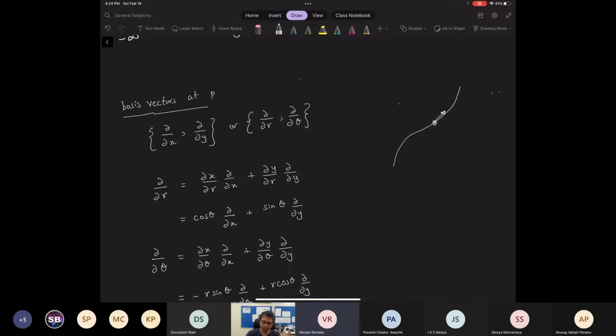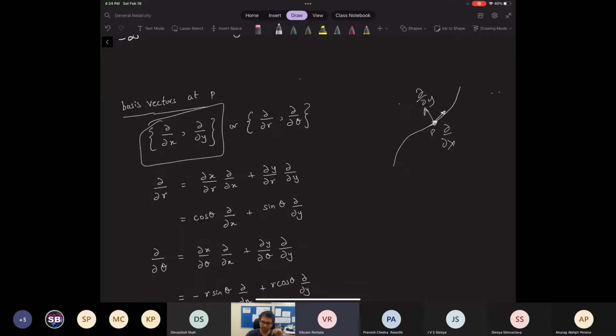In fact, we use directional derivatives along the coordinate directions as a set of basis vectors for describing a vector space at the point P. So obviously in Cartesian coordinates, our basis vectors at some point will be partial x and partial y. These will be our derivative operators. So this defines a basis of a vector space at a point P on this R2.